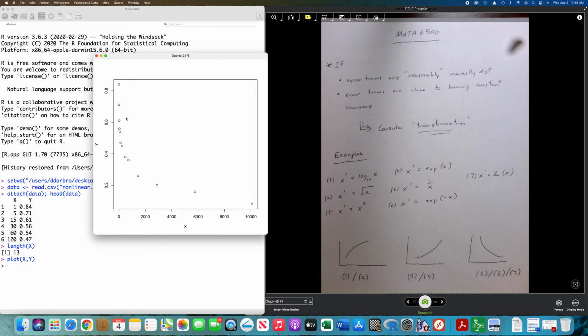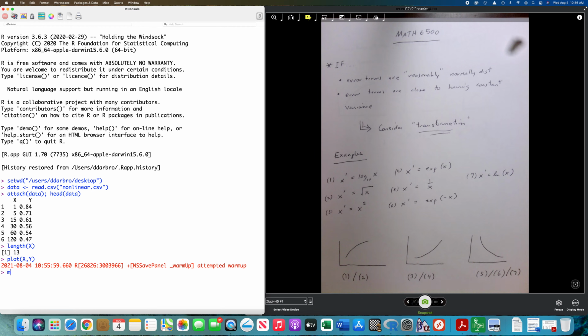And you can see just from the eyeball test that it doesn't appear that a linear relationship is appropriate for describing this relationship between X and Y, right? Again, we can't say there's no relationship, because there is a relationship. We could use a nonlinear model to describe the relationship, but right now our focus is on linear models.